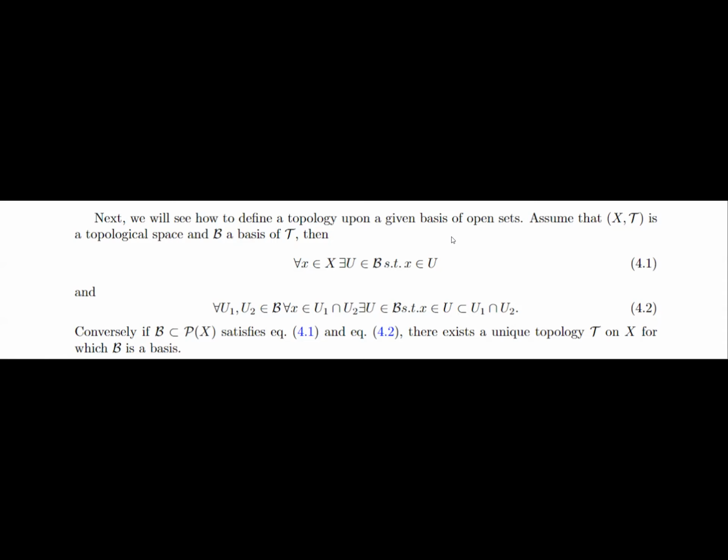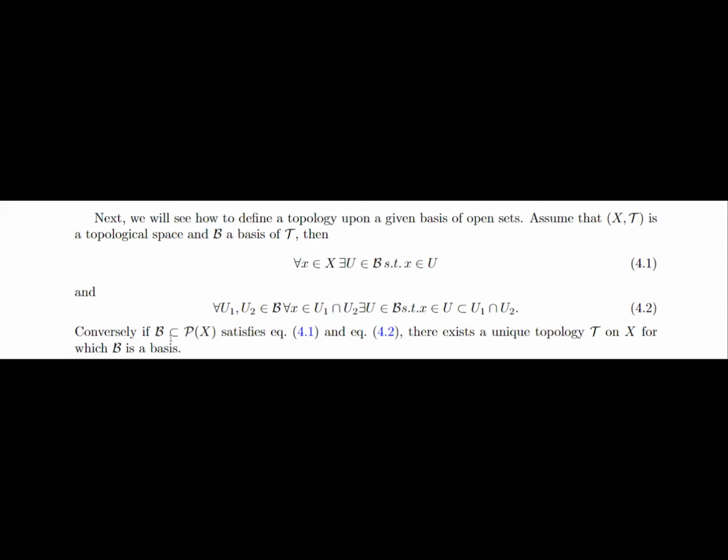It comes from the fact that the whole space is an open set. Also, if you have U1 and U2 in B, and if you have x in the intersection of U1 and U2, then you can find U in B such that x is in U, which is in the intersection of U1 and U2. Yeah, so this is natural. I let you find out why.